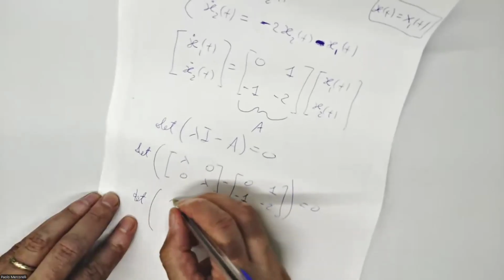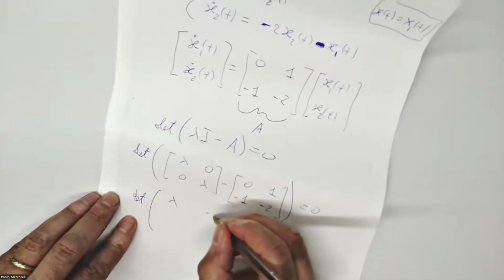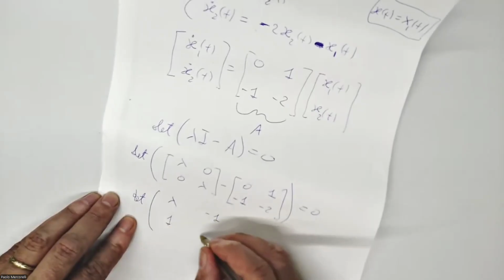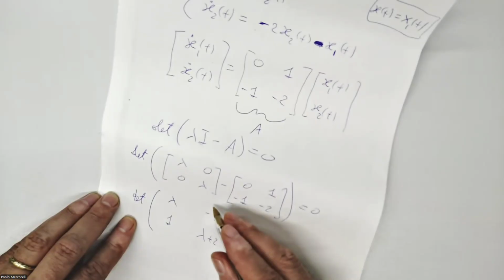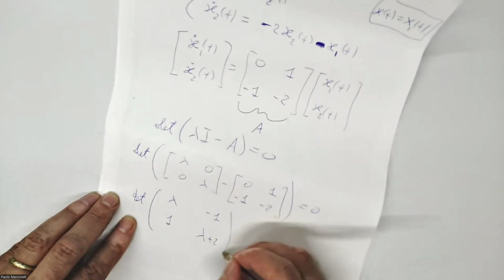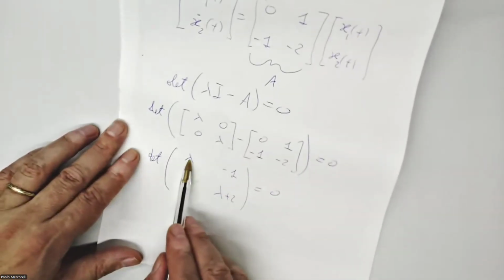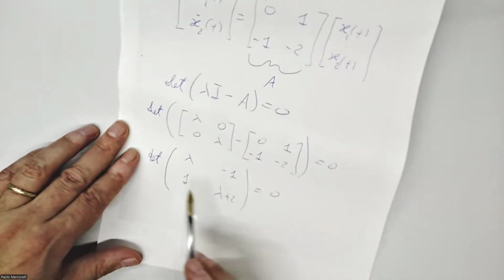Determinant of lambda, -1, 1, lambda plus 2 equals 0 means this multiplied this minus this multiplied this.